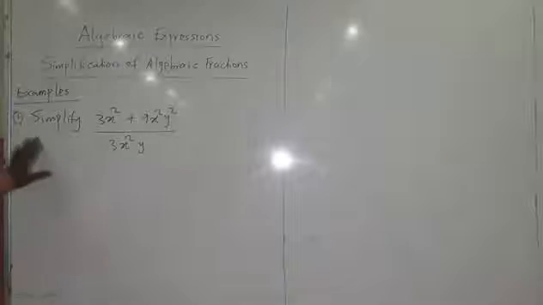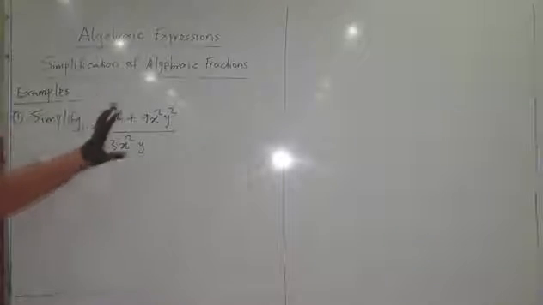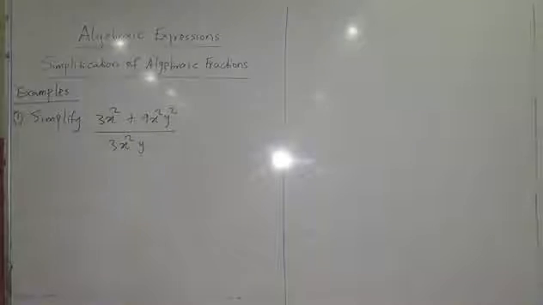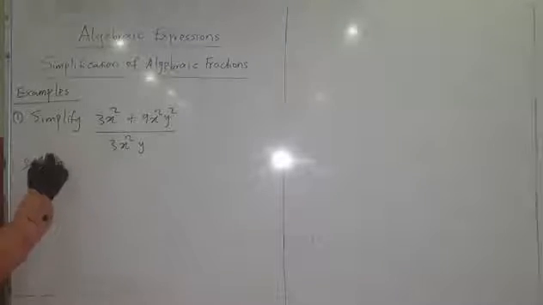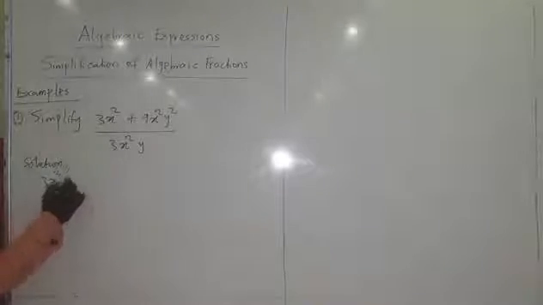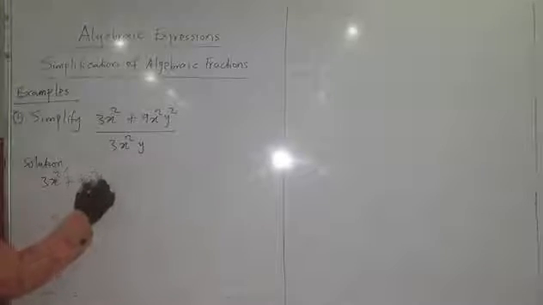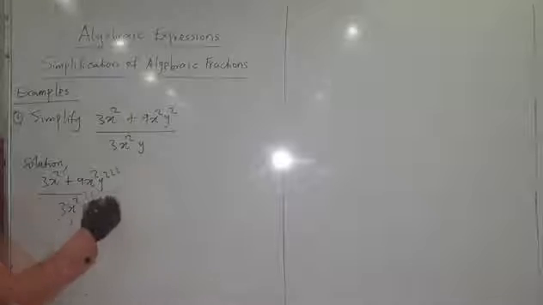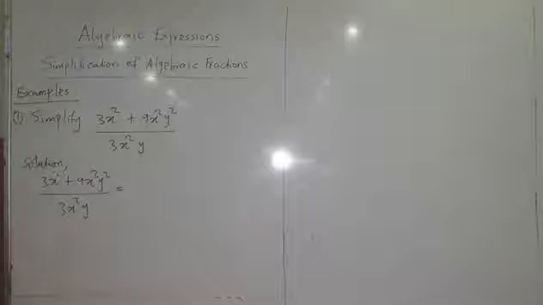I've told you that to simplify is to reduce the algebraic fraction to the lowest term. And to do that, we have 3x squared plus 9x squared y squared all over 3x squared y. The first thing to do is to factorize the numerator, if it is factorizable.